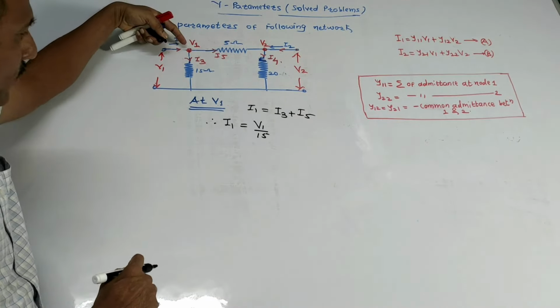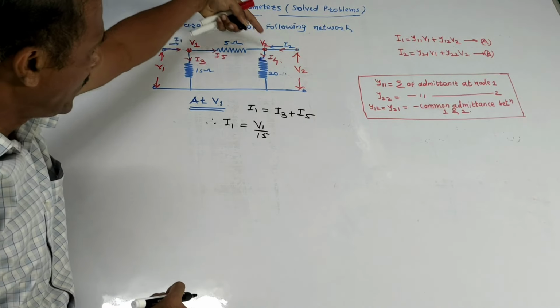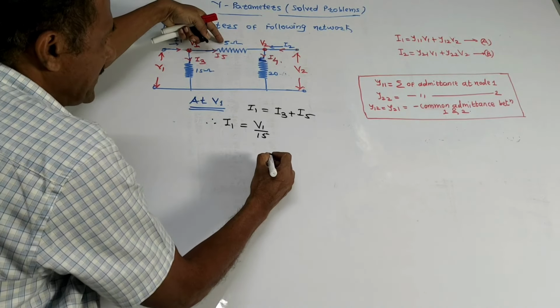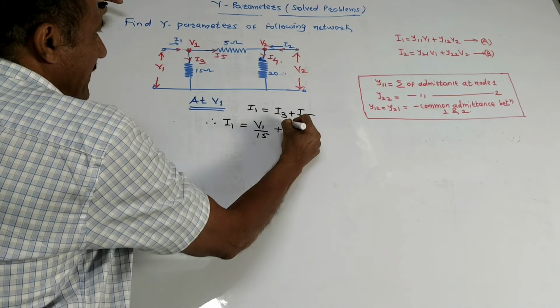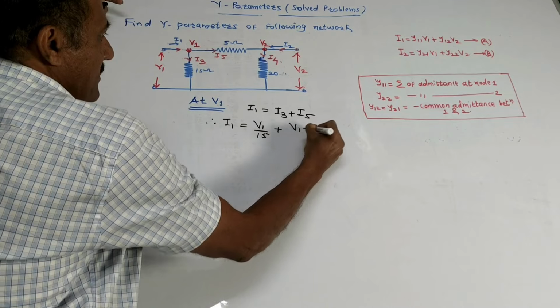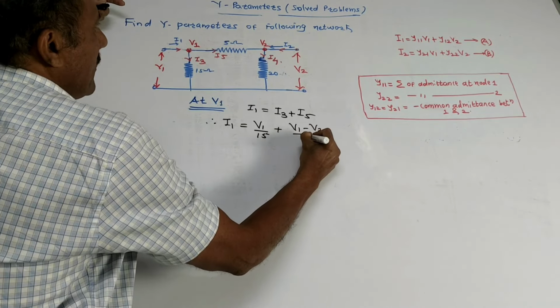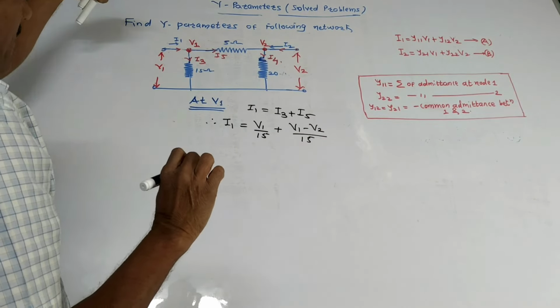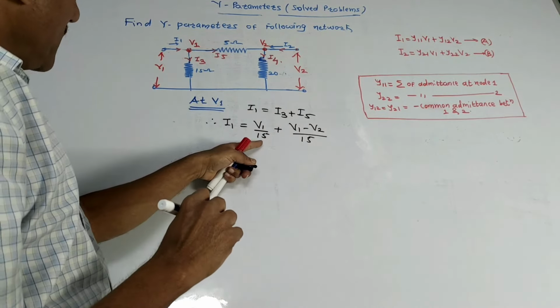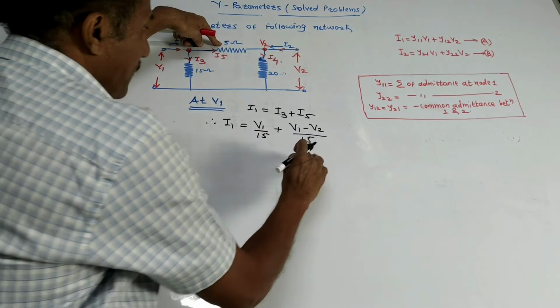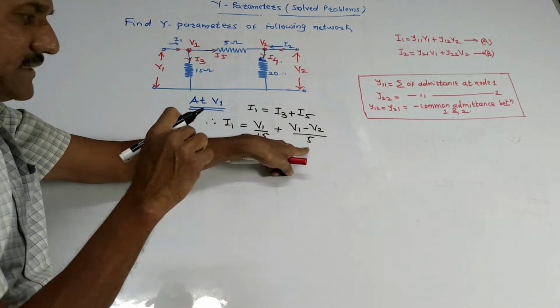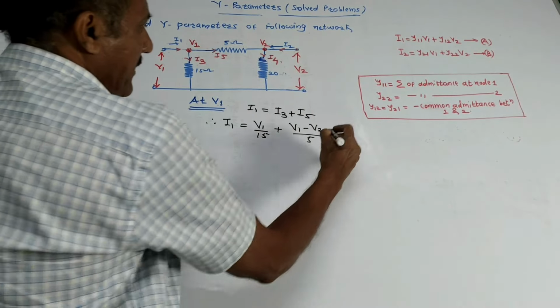Then about I5. I5 is the current flowing from V1 to V2 and the corresponding resistance is 5 ohm. So it can be written as V1 minus V2 upon 5 ohm. This is not 15, this is 5 ohm. This is the equation, we need to simplify it.